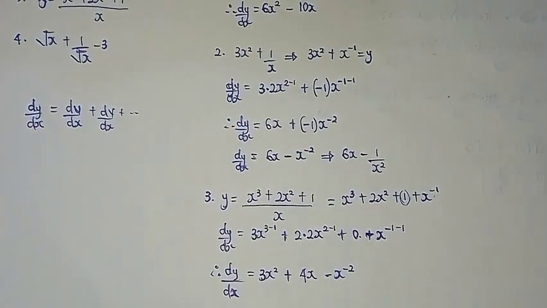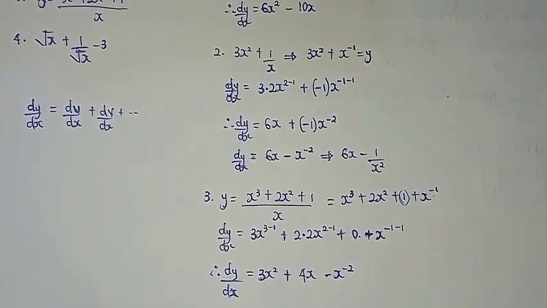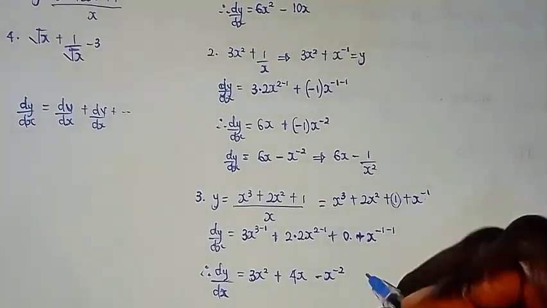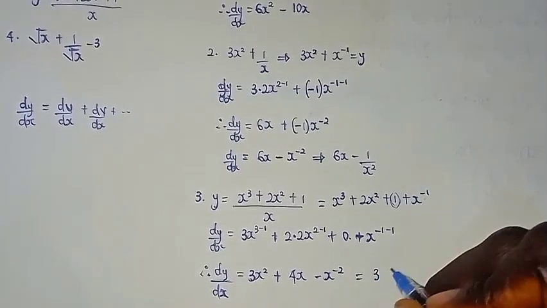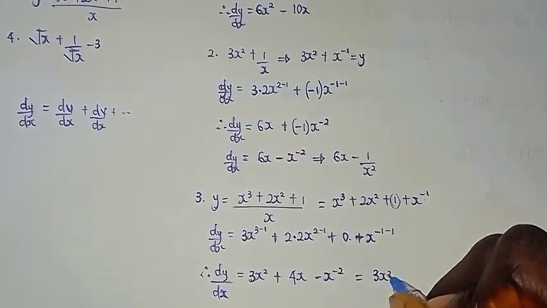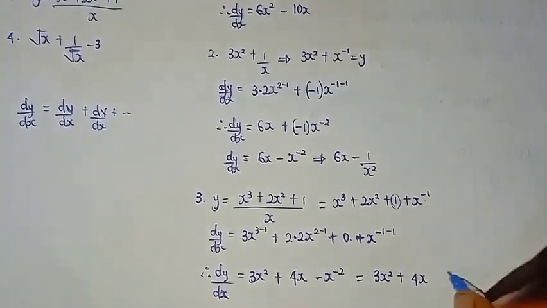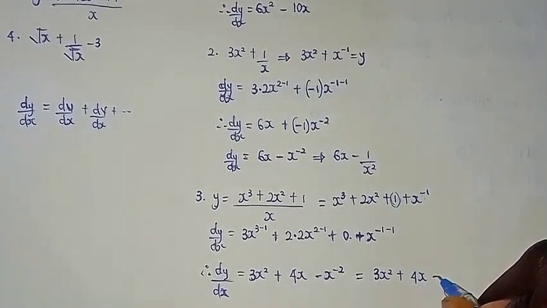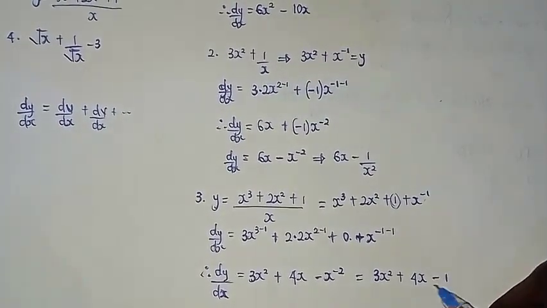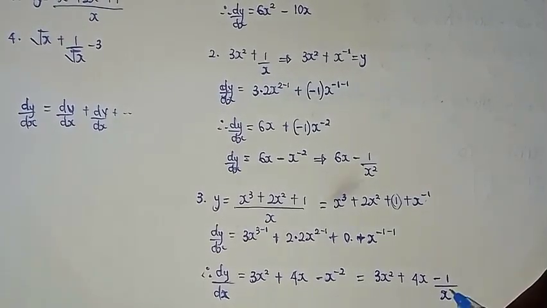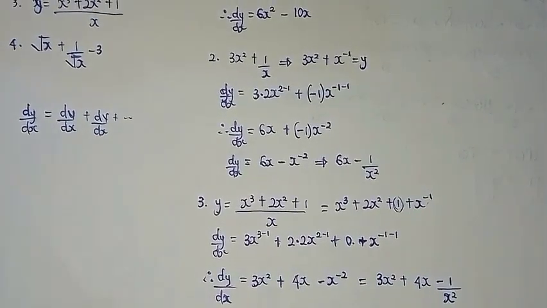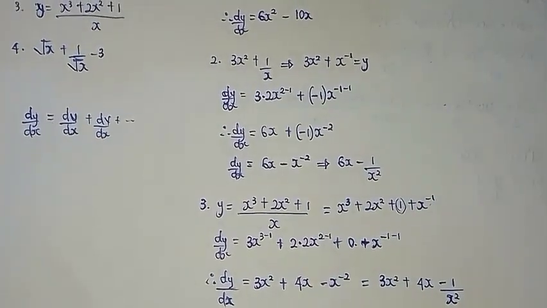So we can simplify this further to be 3x squared plus 4x minus 1 over x raised to the power of 2. So that becomes our answer.